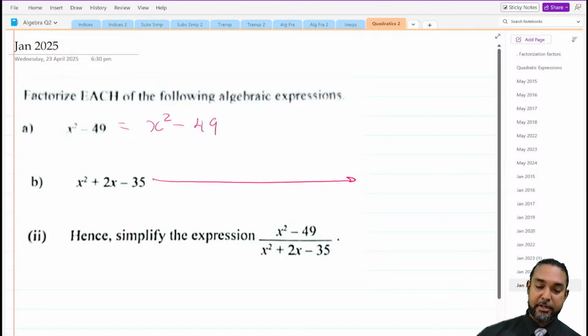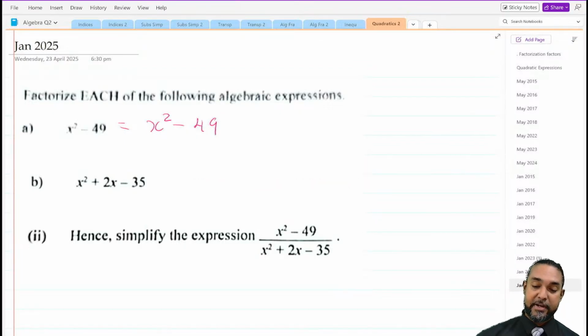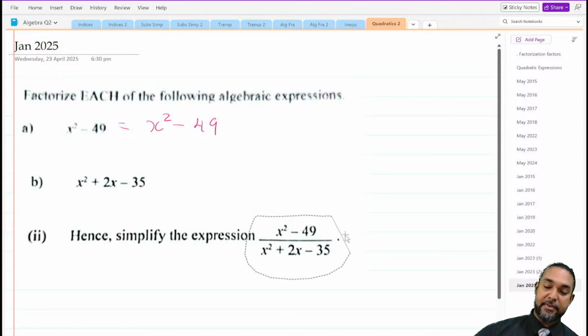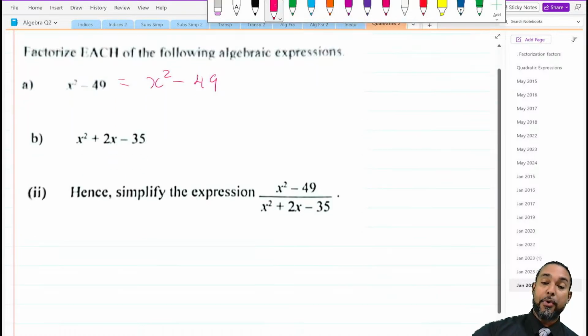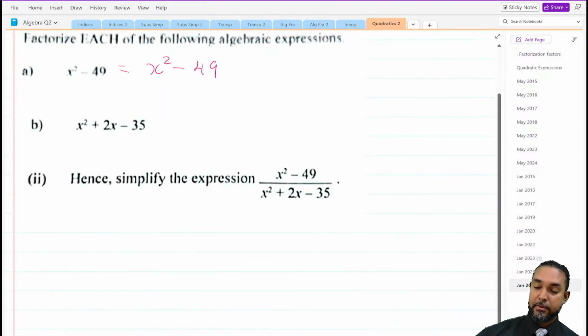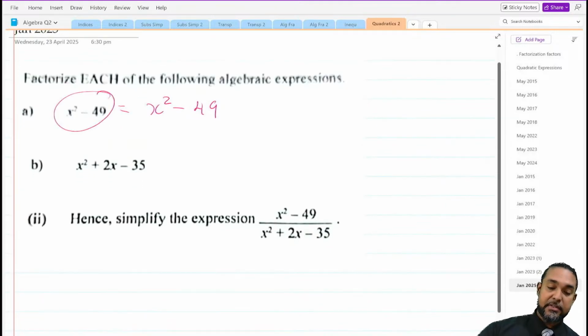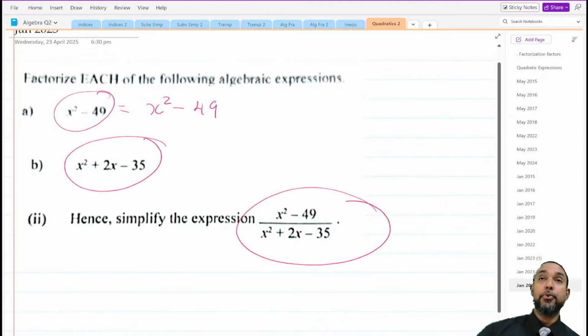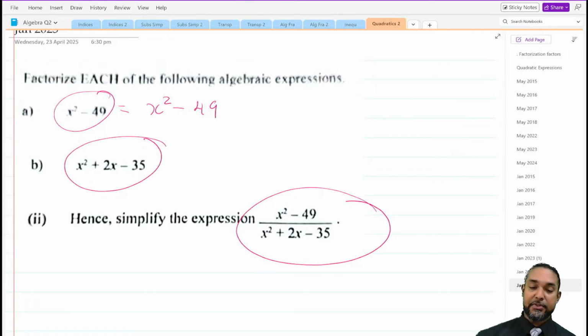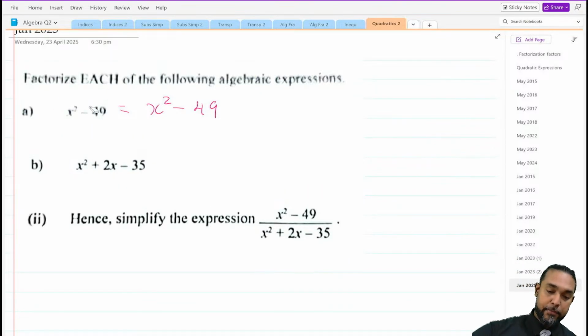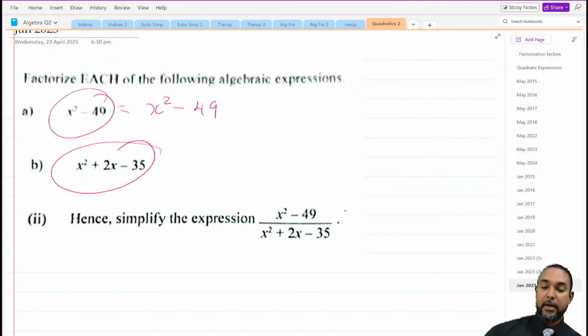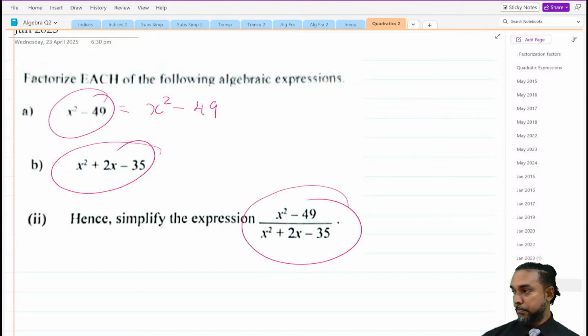So you have x squared minus 49, and then x squared plus 2x minus 35, and then hence simplify this. So that means they want you to do what you just did in the previous question. They want you to factorize this, and then use those factorized forms as numerator and denominator, see what could cancel. All right, so I'll give you all a few minutes. So you have a difference of two squares, you have a regular quadratic, and then you have to divide.